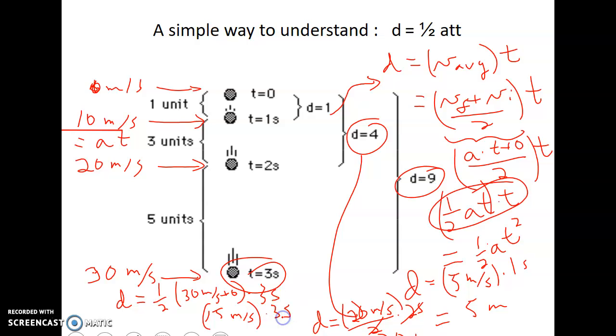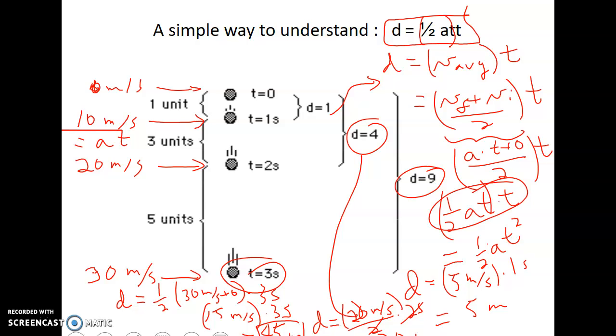You multiply that by 3 seconds and you get 45 meters. Okay? So be very careful when you use an equation like this, 1/2 att. If you just memorize it and plug in numbers, you're really not understanding what it is, but it's very easy to understand because the 1/2 at is the average velocity.